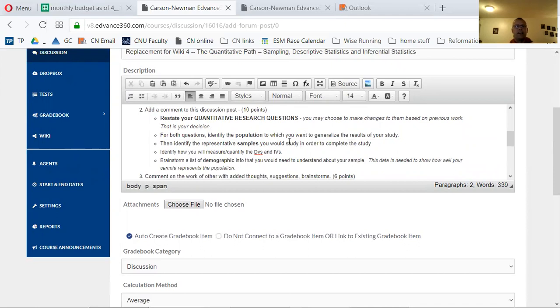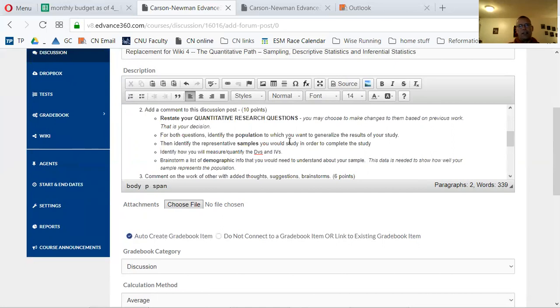The second thing is you're going to identify the population and the samples. Now, the population is when you get done with the research, you want to make a statement about all teachers in Tennessee, or do you want to talk about all mathematics teachers across the nation, or do you want to make a statement about all special needs students or some special group of special needs students?